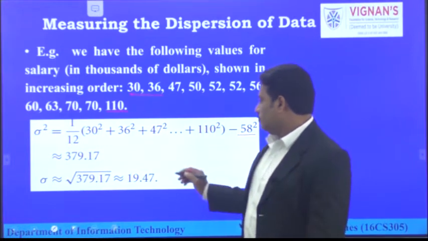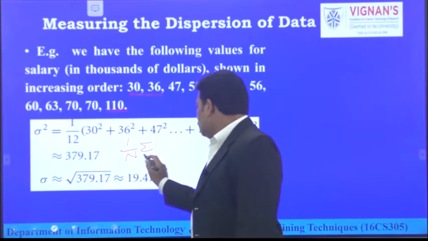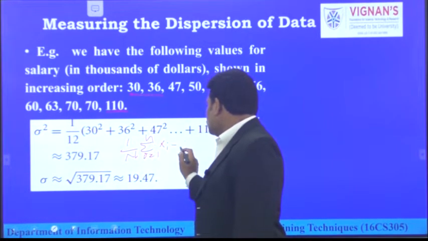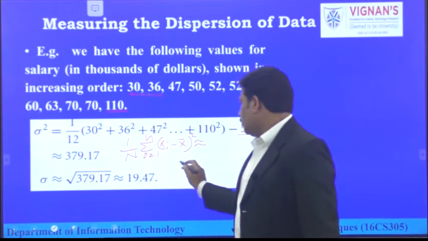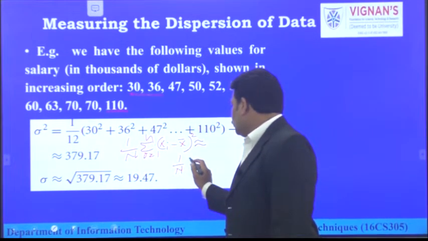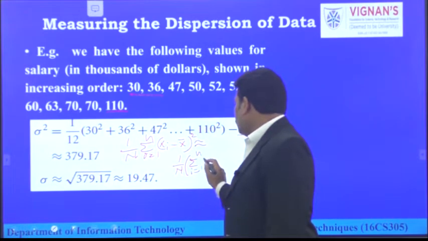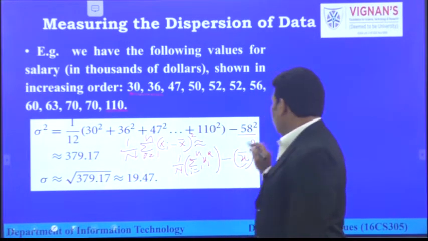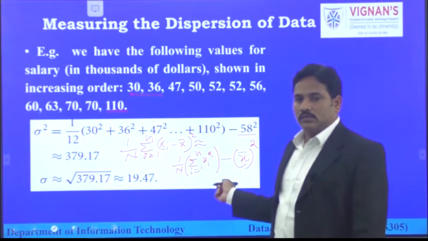So there are two variations here. We can take 1 by n into sigma i equal to 1 to n, xi minus x bar whole square, or we can also use the second one, sigma i equal to 1 to n, xi square minus x bar square. Both will give the same answer. We can use this formula or this one.